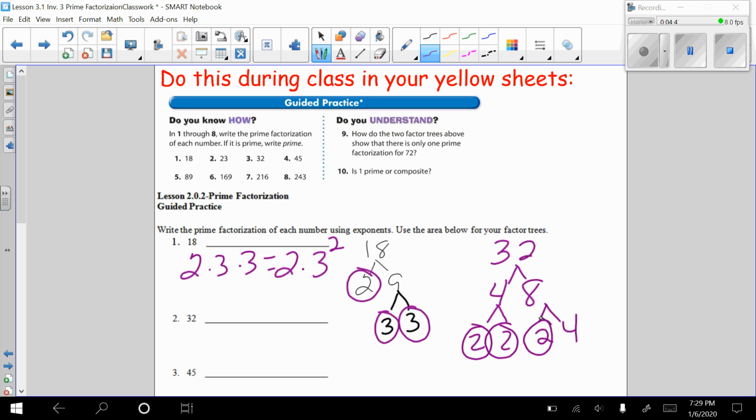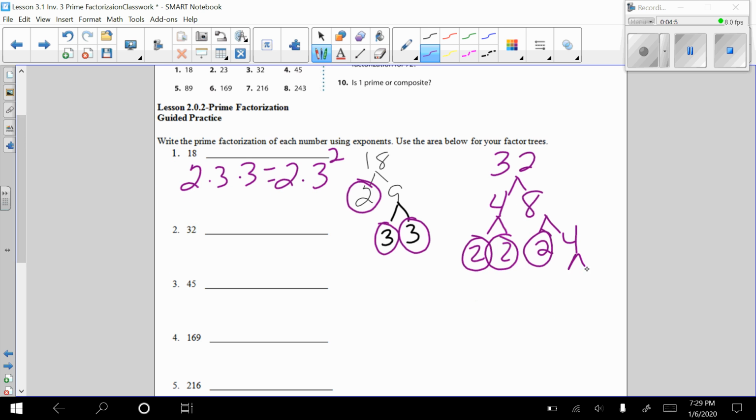Well, 2 is prime, but 4 is not. 4 breaks down further into 2 times 2. Now I have all the prime numbers. So 32 equals 2 times 2 times 2 times 2 times 2. If you'd like to, as you write them out, you could cross them out so you know you don't miss any.